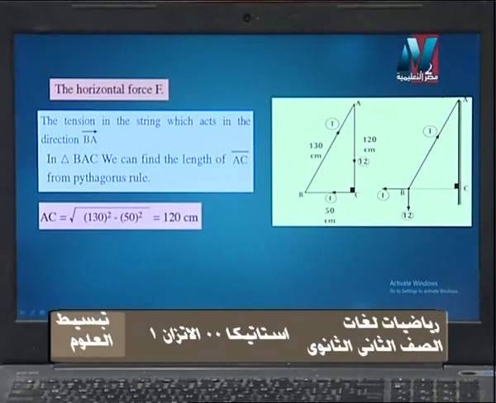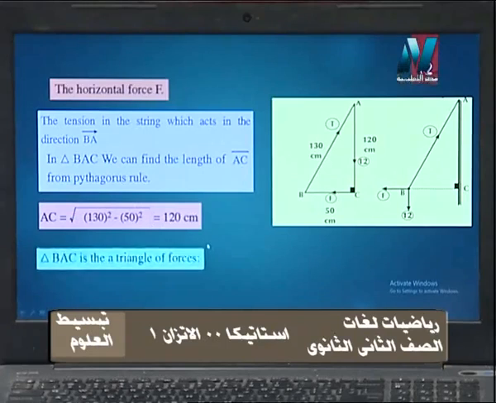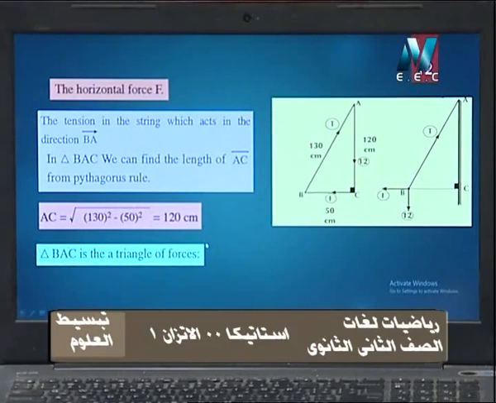So we have to find AB. The length of AB from the Pythagoras theorem equals the square root of 130 power 2 minus 50 power 2. The answer will be 120 centimeter. Triangle ABC, the triangle of forces.